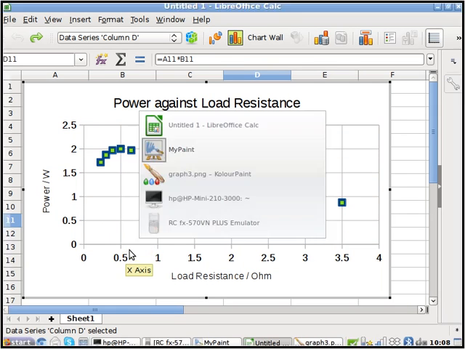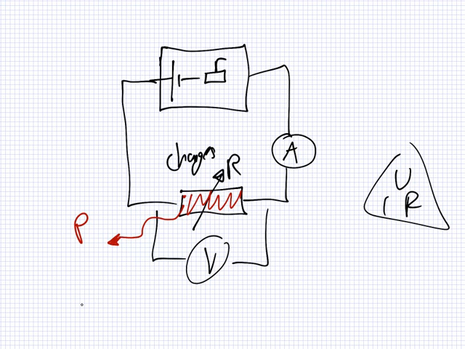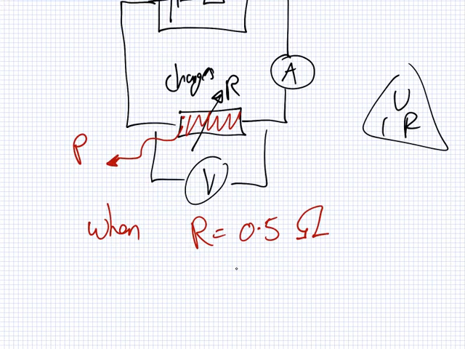So when is power maximum? The answer is when the resistance equals 0.5 ohms. But we've seen 0.5 earlier. So in other words, when the R external equals the R internal, that's when we get the most power. That's the maximum power.